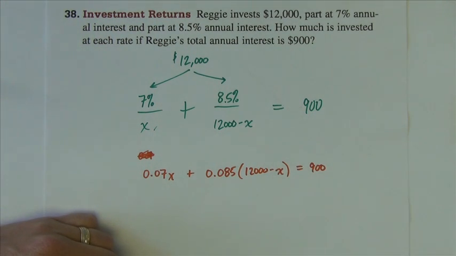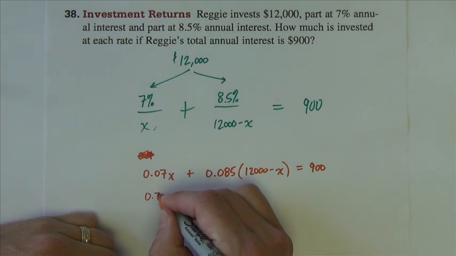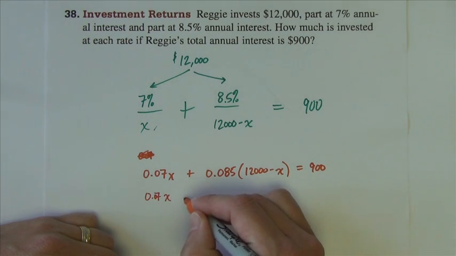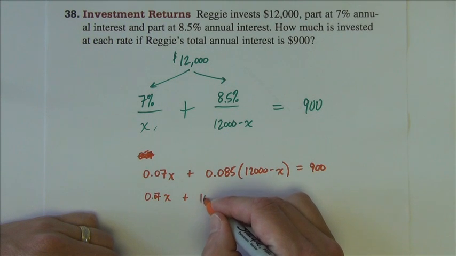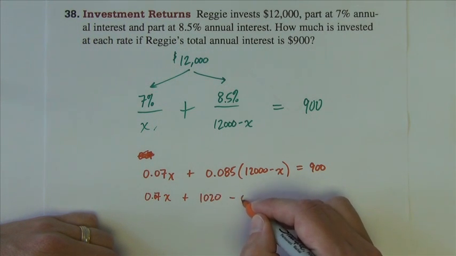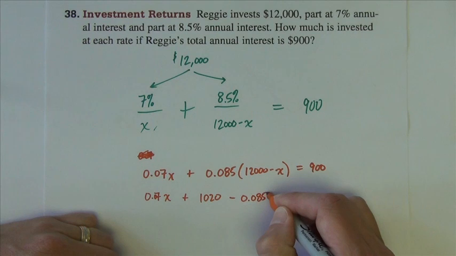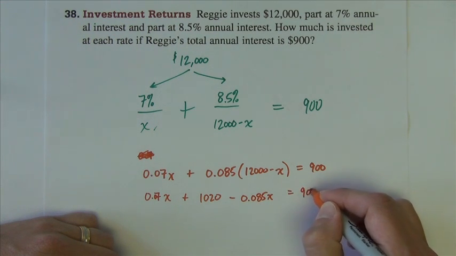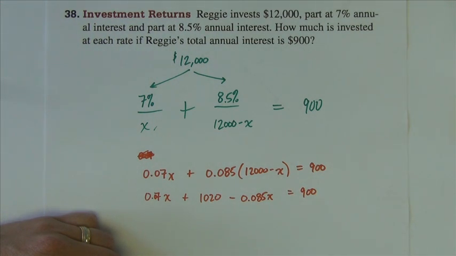So I'm going to distribute that 0.085. I get 0.07x plus 1020 minus 0.085x is 900. I'm going to combine my like terms.